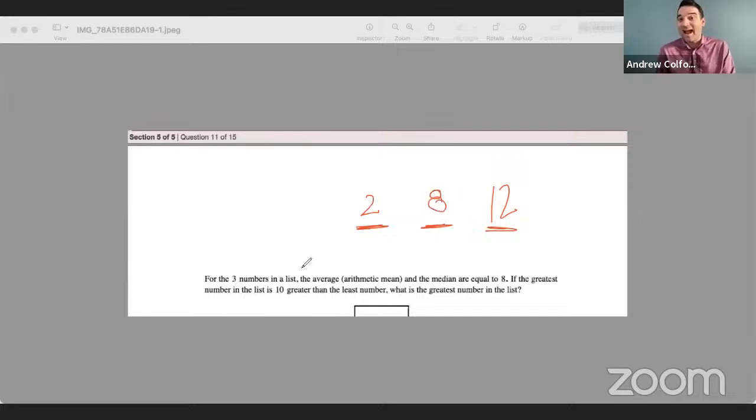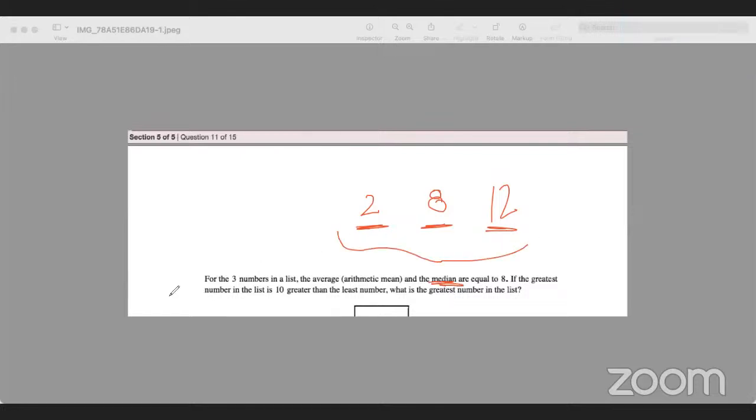And the middle number has to be 8, right? That's what they said, the median is 8. What does this add up to? 22. Divided by 3? 7.3 repeating. So were we too big or too small? Too small, but not terribly too small.